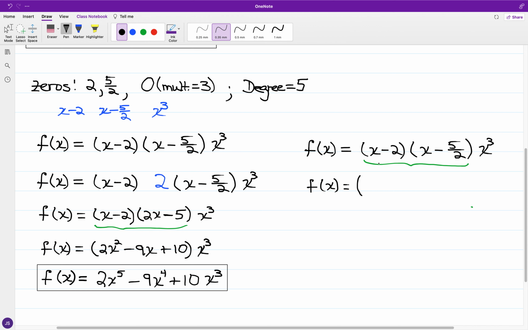If I multiply directly, I would have x squared, and negative 5 halves x and minus 2x, so you have negative 5 halves x minus 4 halves x, so I have a negative 9 halves of x, and negative 2 times negative 5 halves is going to be a positive 5, and we have times x cubed.